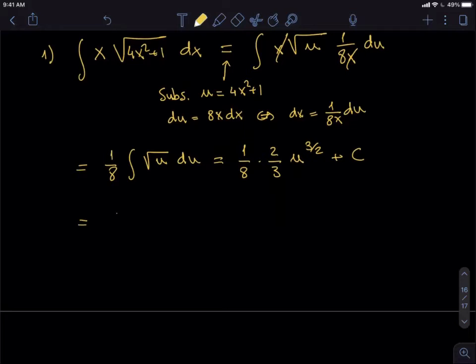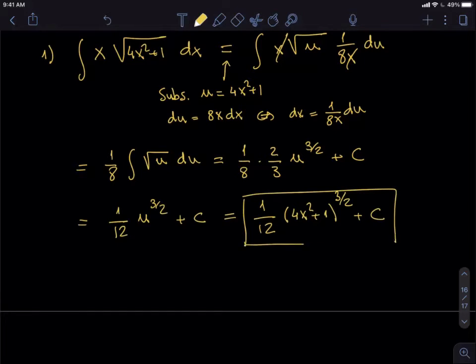Well, we get this 1 over 12 u to the 3/2 plus c. But if we leave it like this, we would not be done. We need to substitute back: 1 over 12 times 4x squared plus 1 to the power 3/2 plus c. And that is the final result for this integral.